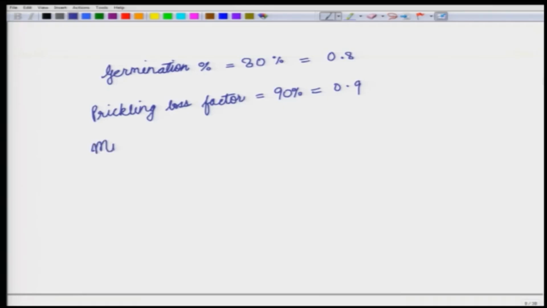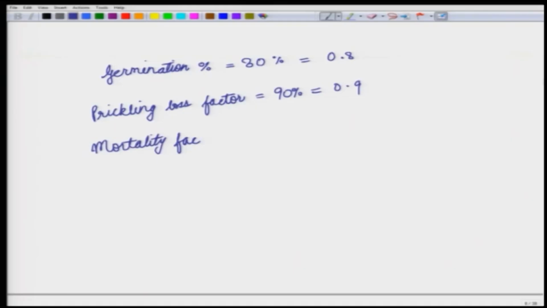Then when we consider the mortality during the nursery stages, there is a chance that you have only 10% mortality. So, 90% of the plants survive. So, the mortality factor in this case will again be 90% or 0.9. Next, you have the culling loss factor.